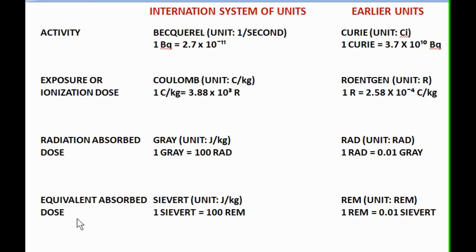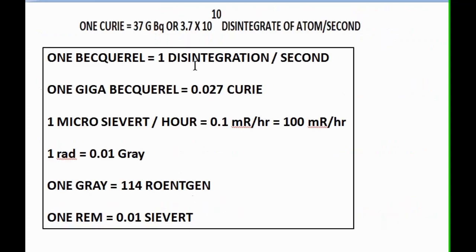And equivalent absorbed dose or man dose. In SI units, sievert, the unit is joule per kilogram, and 1 sievert is equal to 100 rem. The yearly unit is rem, and 1 rem is equal to 0.01 sievert. 1 Curie of radioactivity is 37 gigabecquerel, or 3.7 into 10 to the power of 10 disintegrations of atoms per second. 1 becquerel is equal to 1 disintegration per second. 1 gigabecquerel is equal to 0.027 Curie.